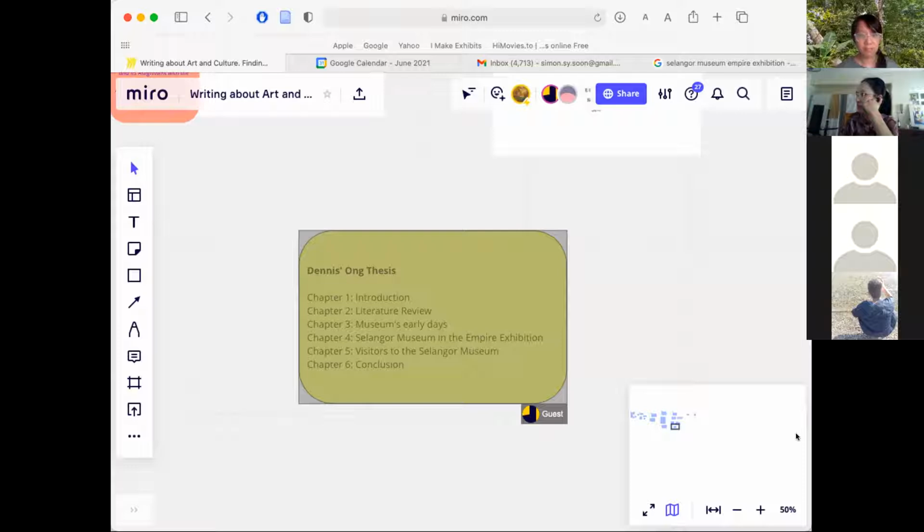But I think it's important to make sure it's complemented by those personal narratives. Then you have the numerical data as well as the individual voice that gives you the very subjective view and perspective.